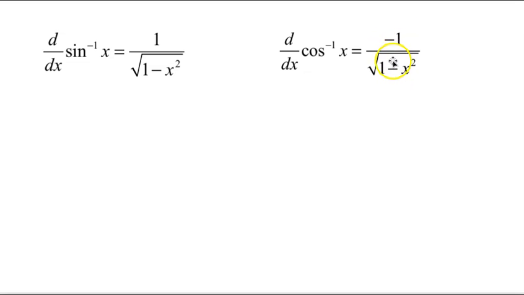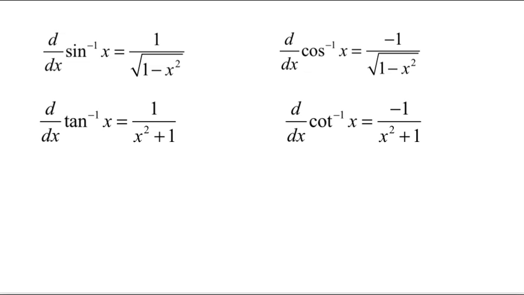Derivative of inverse cosine is negative 1 over square root of 1 minus x squared. Next up was derivative of inverse tangent. That was 1 over x squared plus 1. I did not do this in the video, but I encourage you to take a look at it. If you go through and do the geometry, you will find the derivative of inverse cotangent is -1 over x squared plus 1. So same pattern holds.